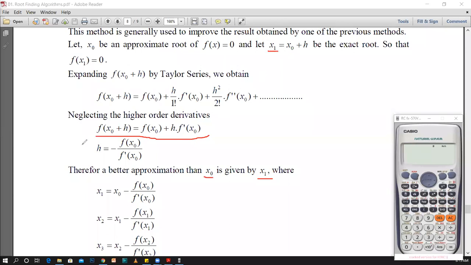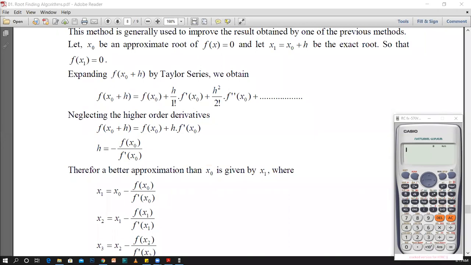Here also, we are using the iteration method. Using an appropriate number of iterations, we can go for a better approximation than x naught. Here, x naught is the approximate root that we have obtained using the interval bisection method or the fixed point iteration method.